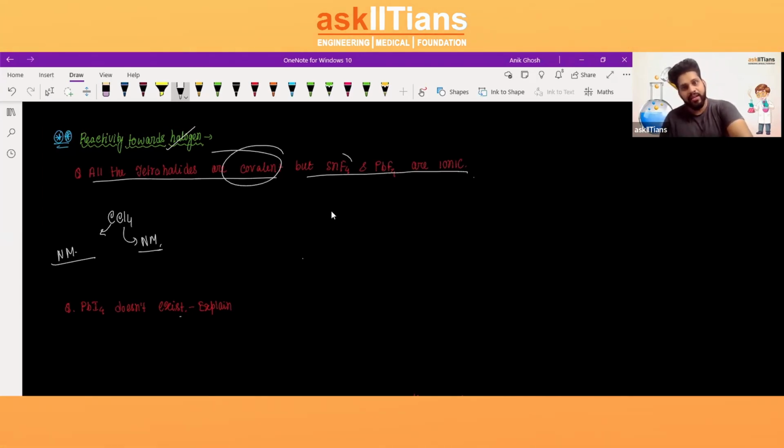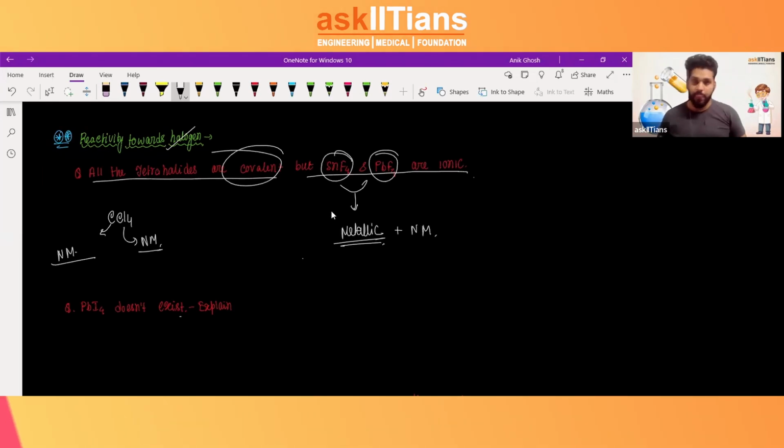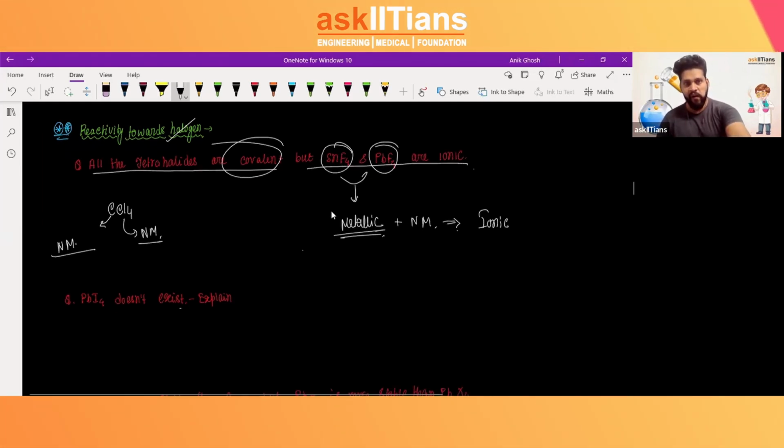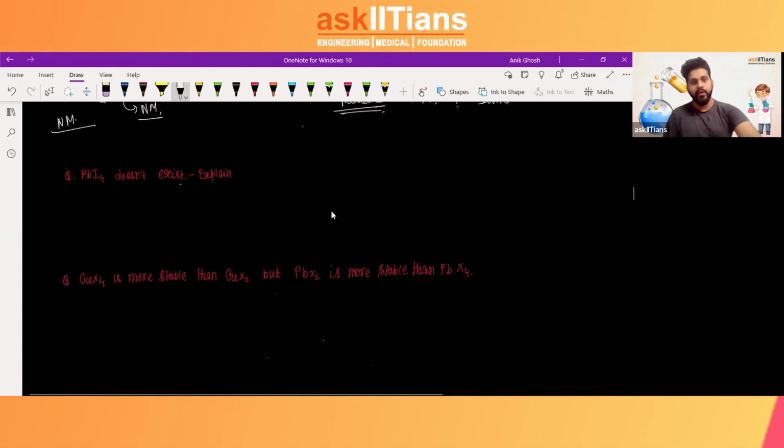Now, tin and lead, guys, they are metallic. If they're metallic, then the fluorine, which is a non-metal, connecting with it would definitely make an ionic compound. Simple. Metal and non-metal always make an ionic compound, right?